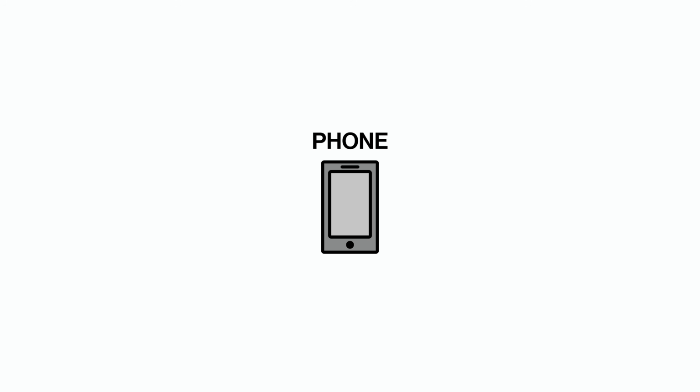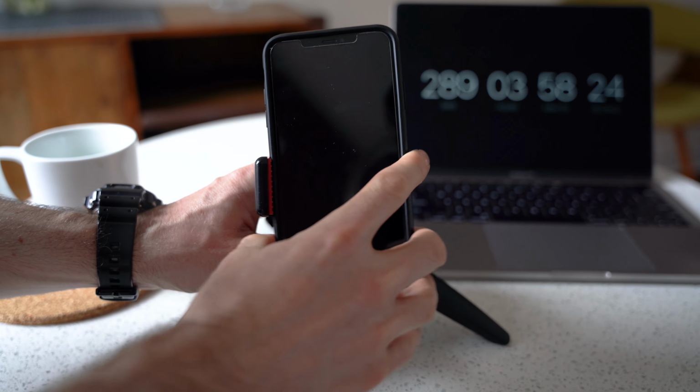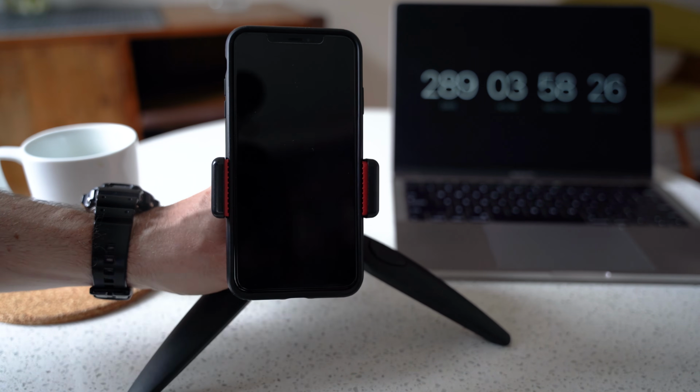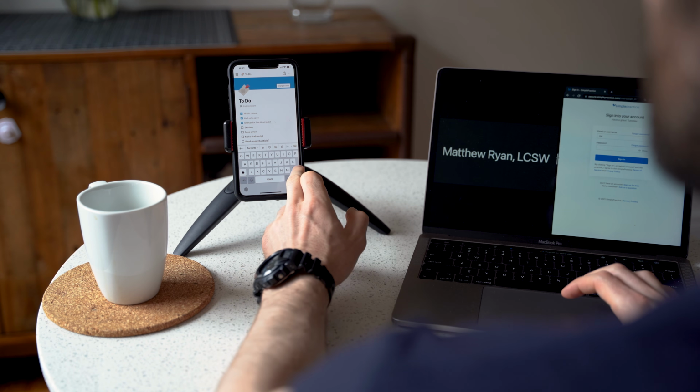So my fifth essential is actually my phone, and for reasons that are not so obvious. The reason why it's an essential for me is actually because of how I position it on my desk. So what I like to do is position it on a tripod, and I use it as a third screen.